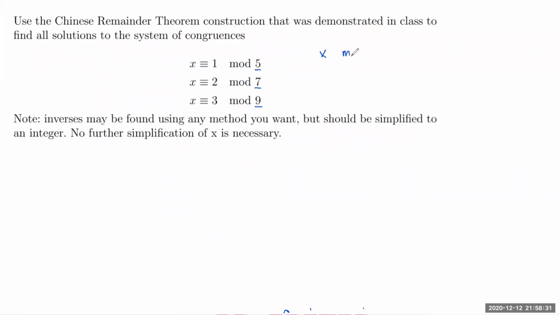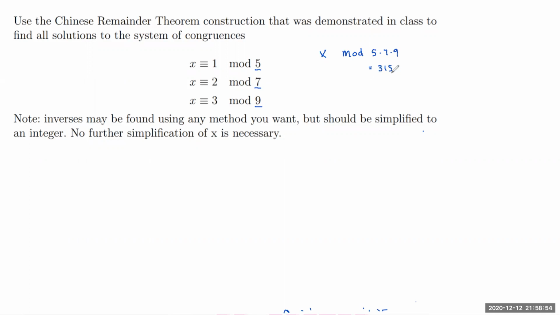This is a unique solution mod the multiplication of these numbers that are in the mods from your system of congruences. So you're going to have a unique x mod 5 times 7 times 9, which is equal to 315. So your solution is going to be mod 315.